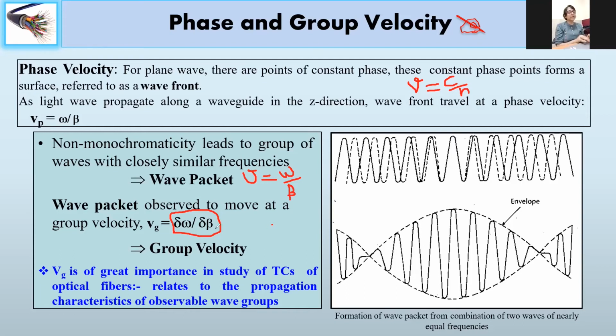Now your next task is to find out the value of Vp and Vg in terms of the known parameters. Okay. So can you tell me what do you know about omega? What is the formula for omega? Omega is 2 pi f.